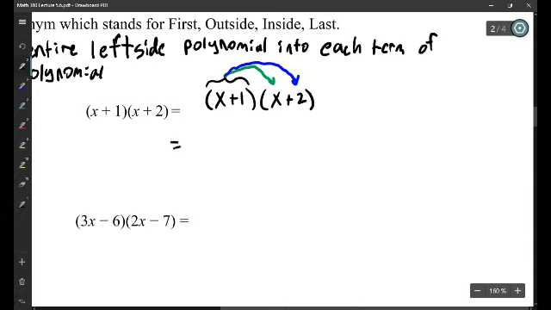So we have x plus 1 times x, followed by plus, because of the plus right here. Let me put that plus in red to signify how it's carried over from this polynomial to this new expression. And then the second distribution, we have x plus 1 times 2.